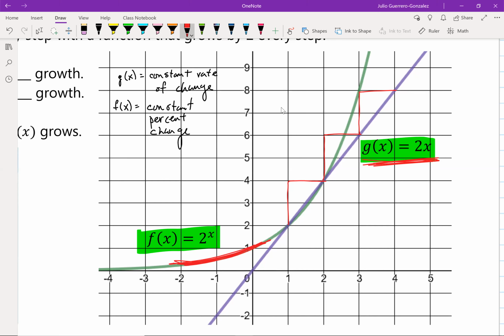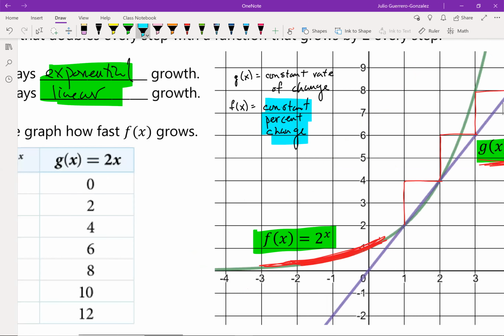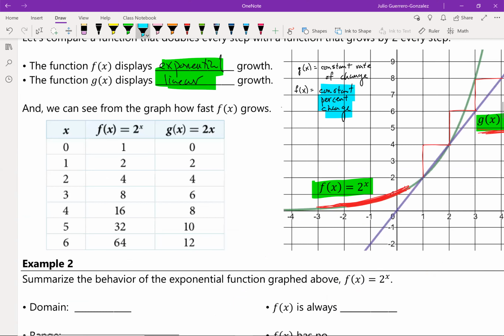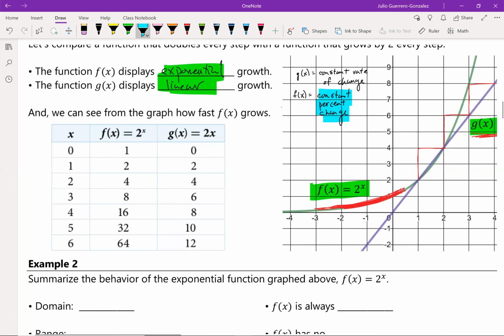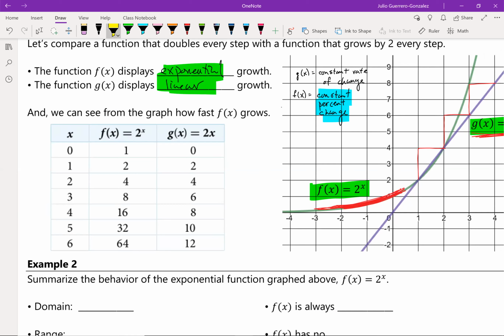So the manner in which the exponential graph grows is better defined by some percent that it is growing compared to the previous x value. Does that make sense? To show that off, I've got two tables here.